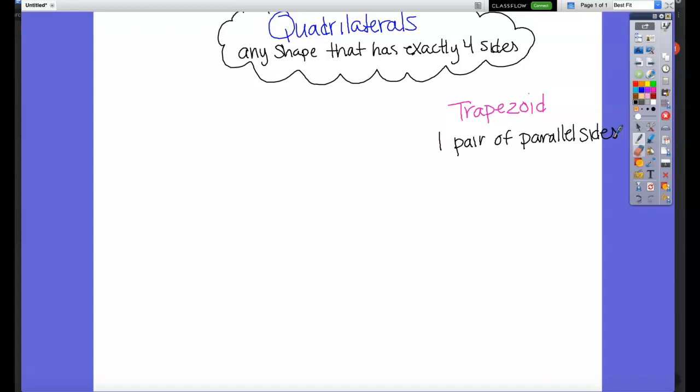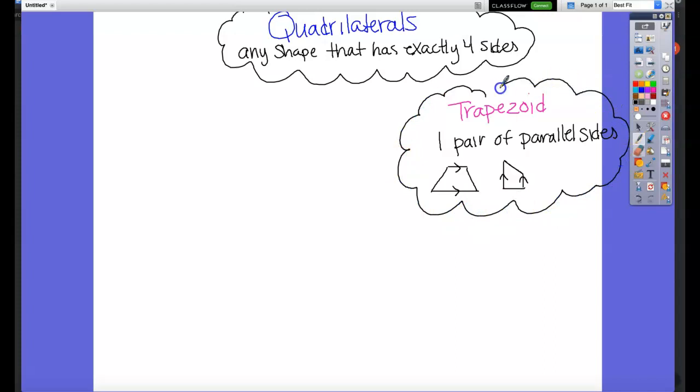You can have the top and the bottom be parallel to each other. So those little triangles mean that those lines are parallel. Or you could have the sides be parallel to each other like this. So again, this would be parallel to this side. But it only has one pair of parallel sides. Now, if a quadrilateral only has one pair of parallel sides, then it is just considered a trapezoid, and that is it.